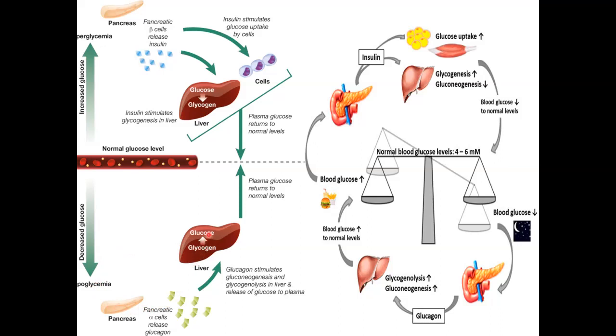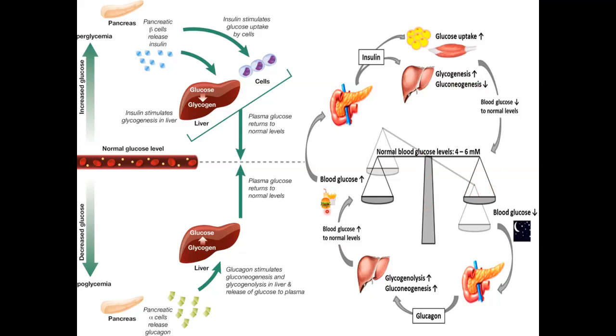So the glycogen breaks down, that is glycogenolysis. And it can also start making glucose. So that's what this one's showing: glucagon, glycogenolysis, gluconeogenesis. Insulin is going to store, but it's not going to make new. Right? It's all a balance. We want to keep it in a balance.